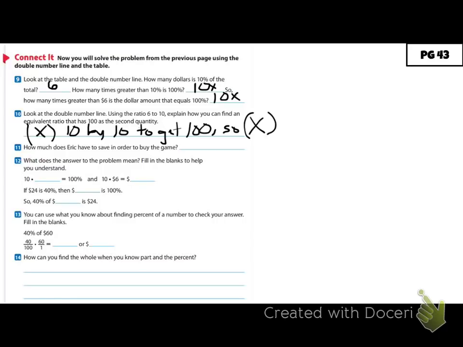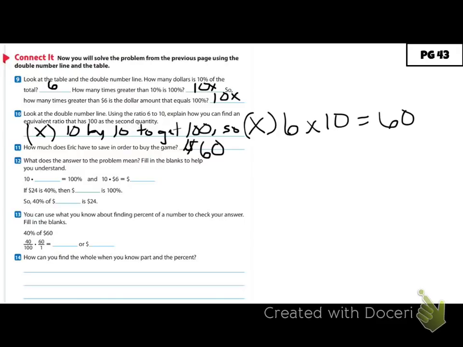So multiply 6 by 10, and that will give you 60. Okay, so number 11, how much does Eric have to save in order to buy the game? He has to save $60.